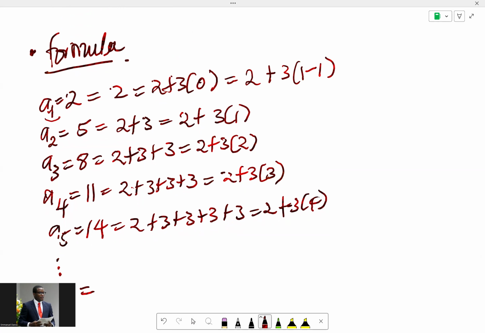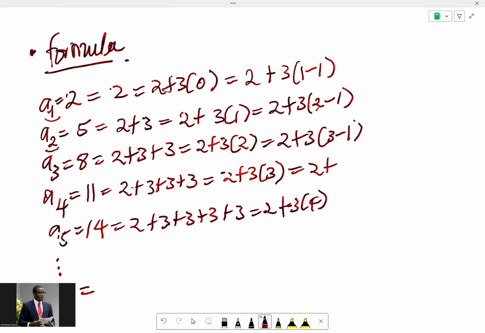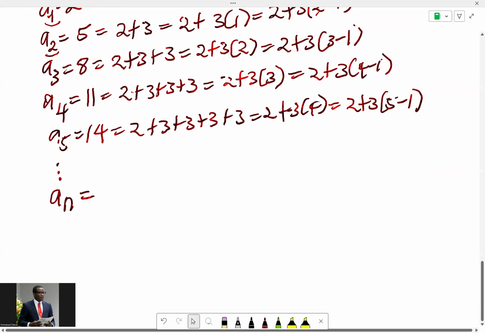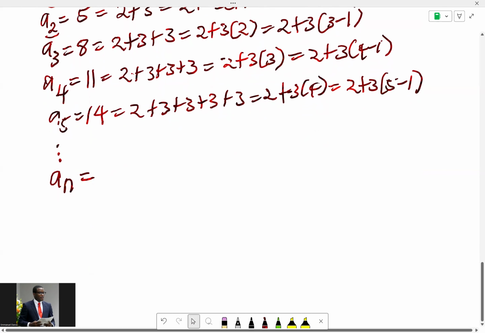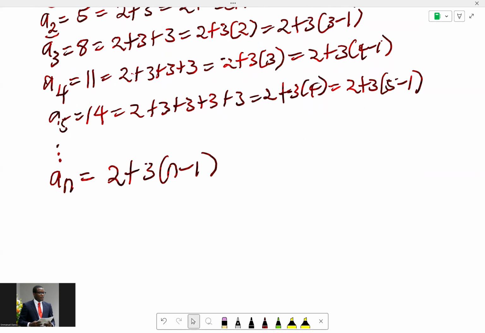You see this is 1 here, and this is 2 plus 3 multiplied by 2 minus 1. You see this 2 here, and this is 2 plus 3 into 3 minus 1. This is 2 plus 3 into 4 minus 1. And this is 2 plus 3 into 5 minus 1. So if we go to n, it simply means we're going to have 2 plus 3 into n minus 1.